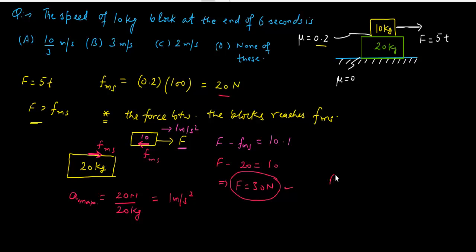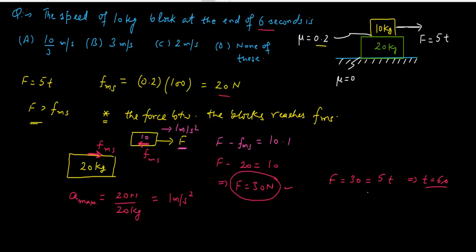You can calculate F is equal to 30 Newton, and from the given situation you can clearly see that at t is equal to 6 seconds, this force of 30 Newton comes into play. And we have been asked to find the speed at 6 seconds.